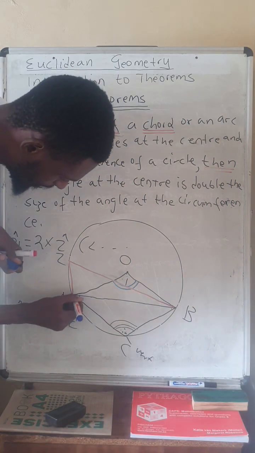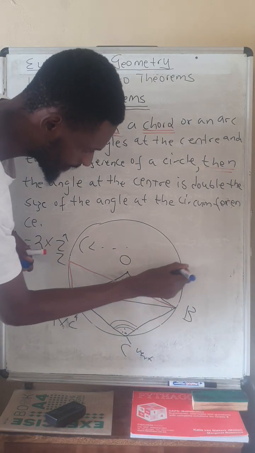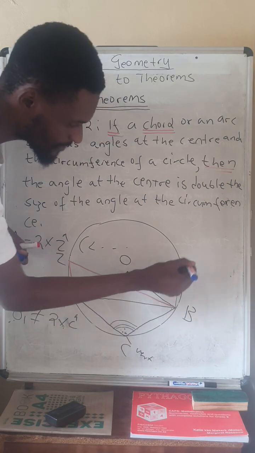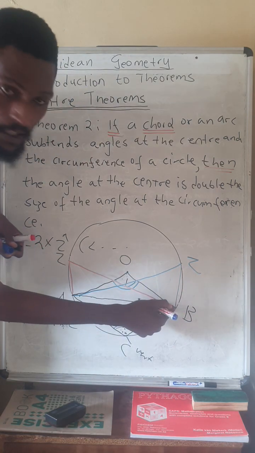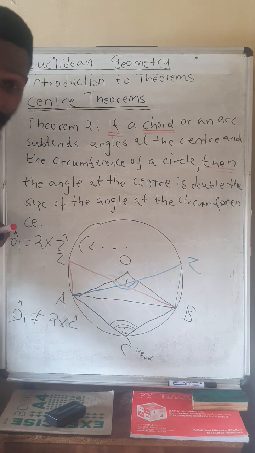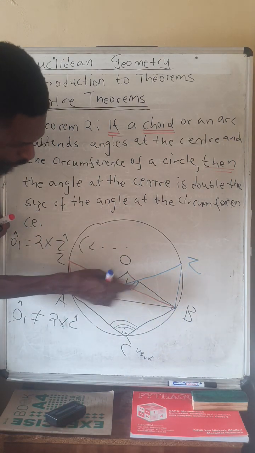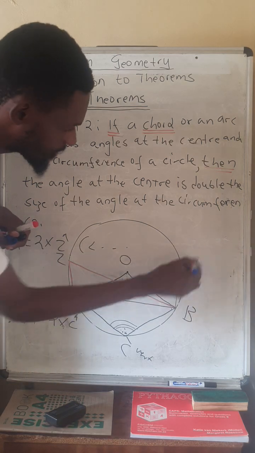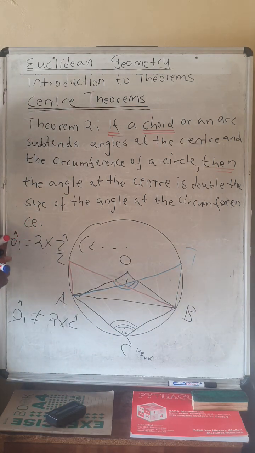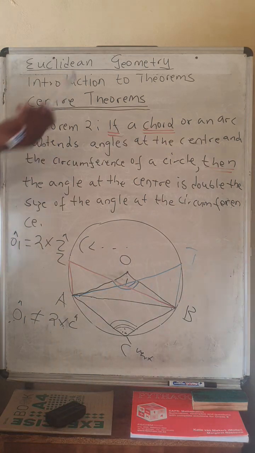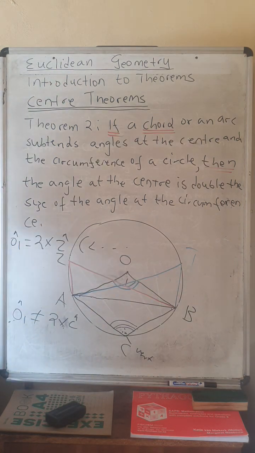But if I come and give you something like this, let me say tada, you can see this angle is also subtended by the same chord. But is this angle subtended on the same side with the angle at the center? Yes, they are both above. Let me say this is now T. So in this case, angle O1 will be twice angle T. Same reason: angle at center, twice angle at the circumference.